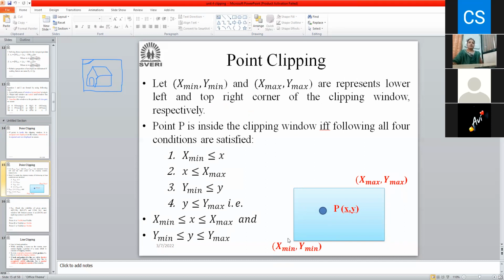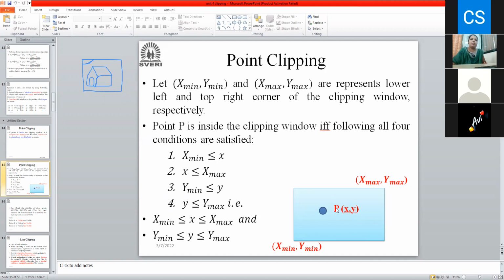So there are four boundaries, or I can say the lower left corner and upper right corner, so that these 2 points will give you the complete rectangle, and that is your clipping window. So I am able to get this clipping window, and then I will check whether the point is inside or outside.